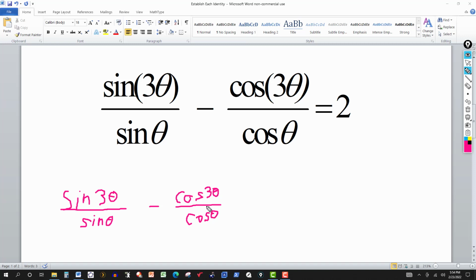Okay, so that's the left side. And then you say, well, what are we going to do with this? And of course, if you've done enough identities, you know that normally when you have a sum or difference of terms, the best thing to do is combine and write it into one expression, and then take another look at it and see what you can do.